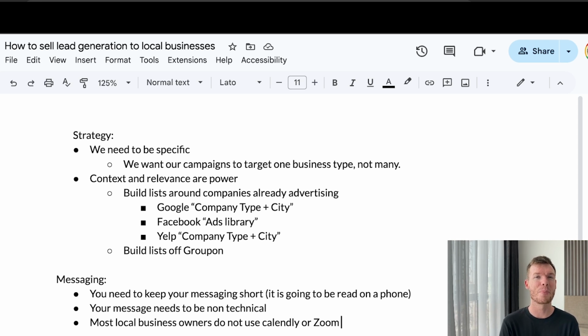These guys also don't operate on the same 30-minute block schedule most of us online guys operate. They're going job site to job site troubleshooting. Your call to action needs to understand this. Ask for their phone number and see if you can call them, or give them your phone number and see if they can call you. That's going to convert so much better than trying to push these guys to a Zoom call, which if they do book, the show up rate's going to be like 40%. So you need to have a phone-oriented CTA.